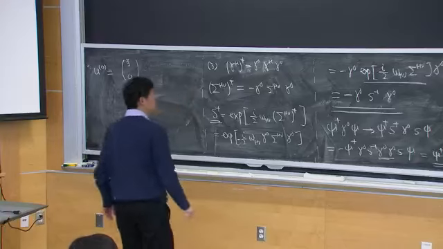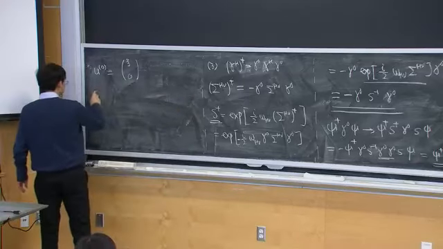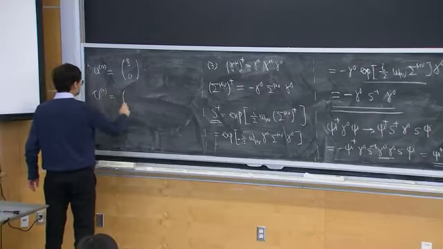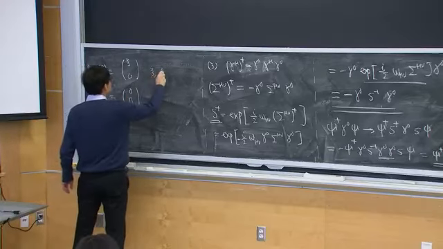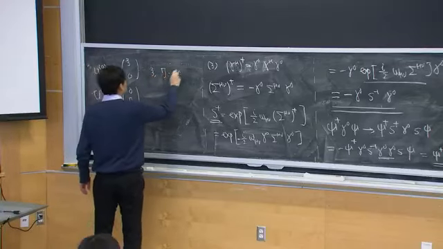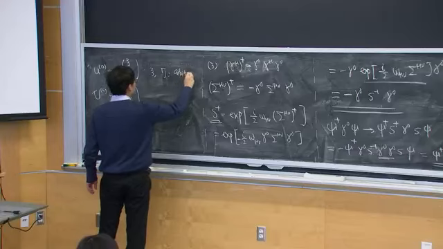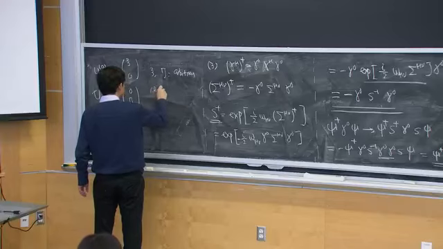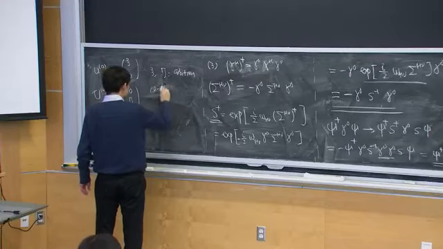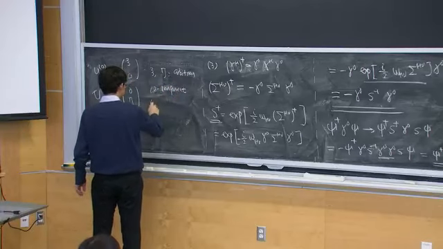For v, we can just choose (0, eta). So psi and eta are arbitrary 2-component complex vectors.